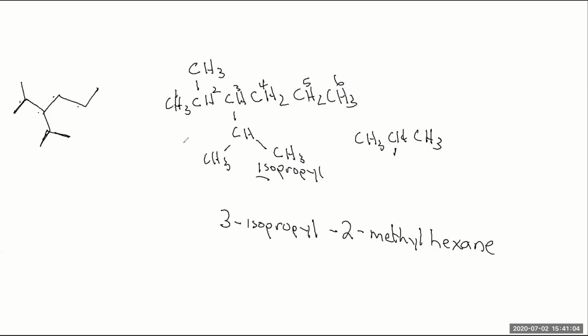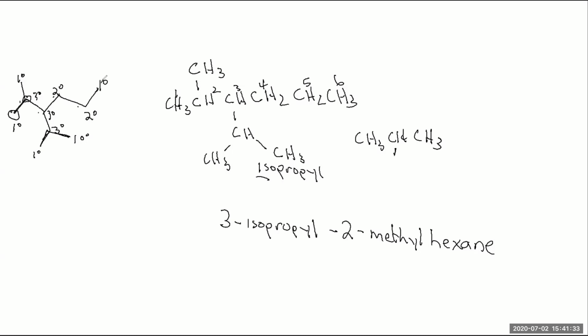So let's decide the carbons. This is a primary carbon attached to one other carbon. This is a tertiary carbon because it's attached to 3 other carbons. This here is primary. This here is primary. This carbon here would be tertiary, secondary, and primary.